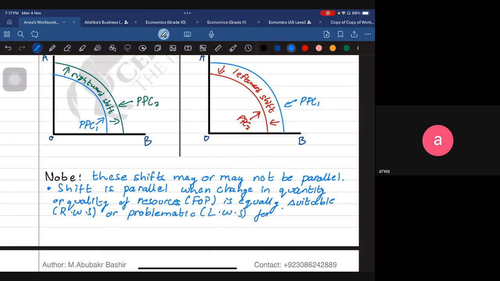So if the change is equally suited, then it is going to shift towards the right or towards the left in a parallel mode, right? So you understand this concept, for the rightward shift and for the leftward shift.